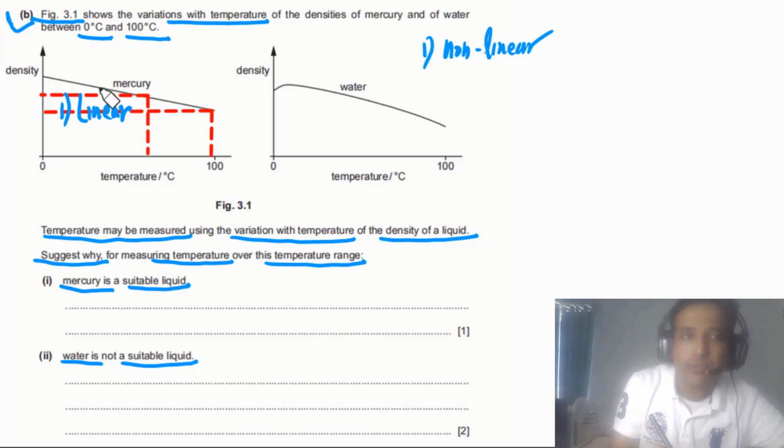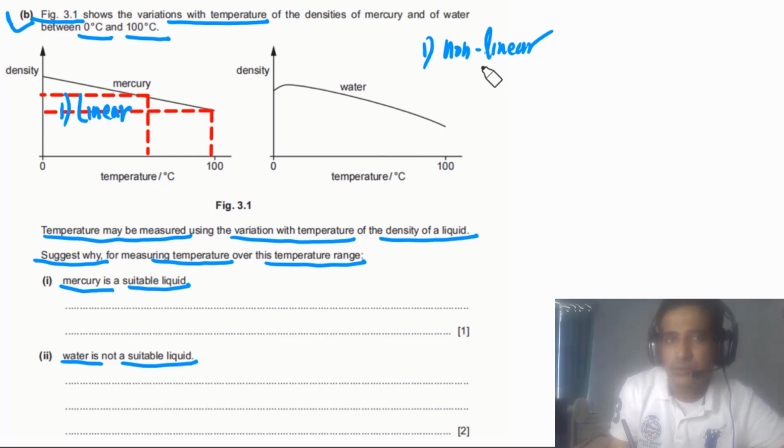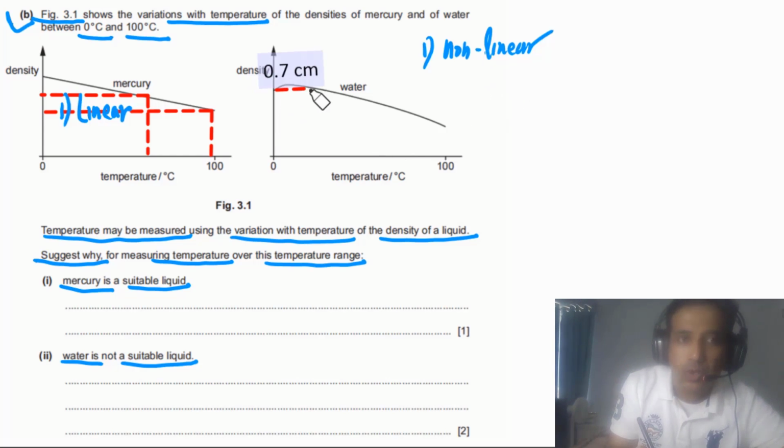So this graph is suitable, meaning mercury is a suitable liquid to measure temperature, but this is not a suitable one. If we draw a horizontal line here, we can see at the same value of density we have two values of temperature. So that's the reason this is not a suitable liquid for measuring temperature.